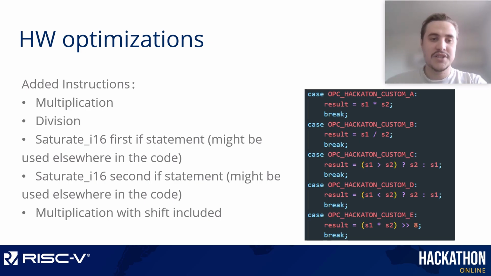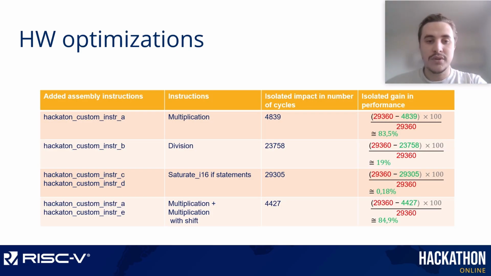Regarding hardware optimizations, we added the following instructions. First, multiplication, division, and also the saturate I16 first if statement and the second one. And also at the end, we added the multiplication with the shift included. Here we can see the isolated impact of each instruction.